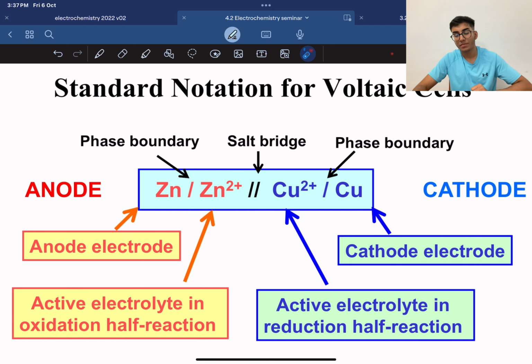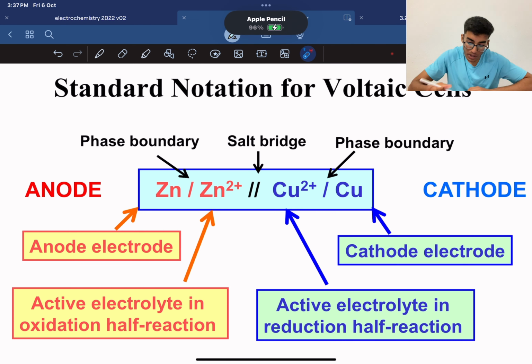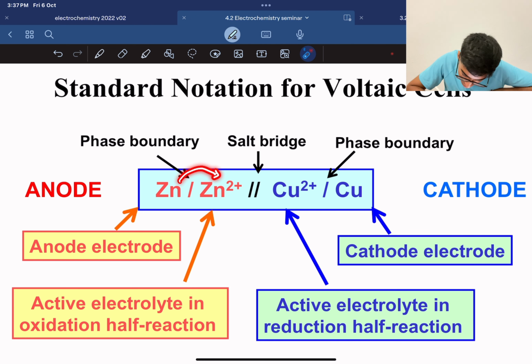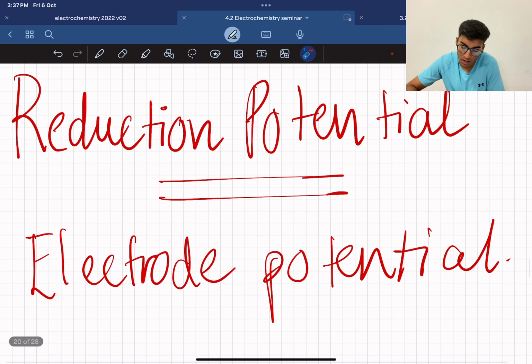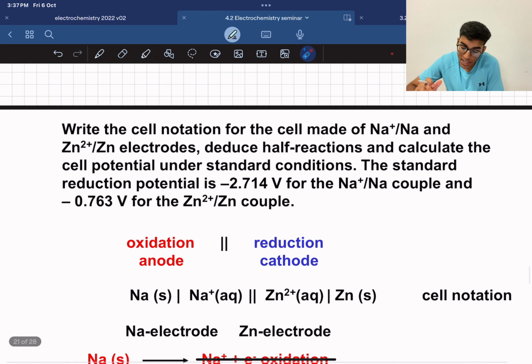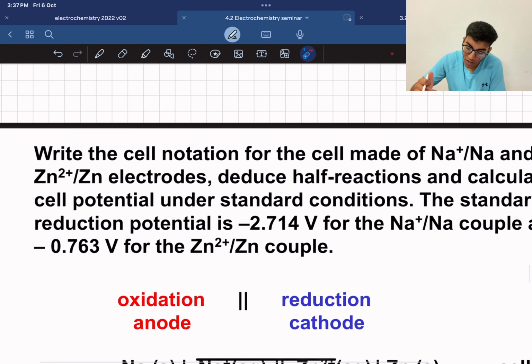Over here you can clearly see 2 electrons are being removed, giving it a 2 plus charge, which means oxidation. And 2 electrons are being added over here, giving it a 0 charge. That basically means reduction. But it's a very important thing to remember: reduction potential is equal to electrode potential. When they give us the values for reduction, look at this question over here.